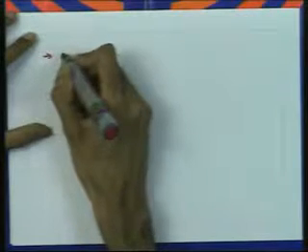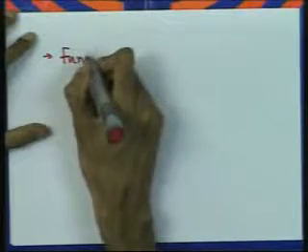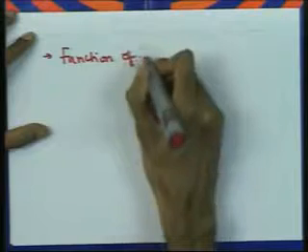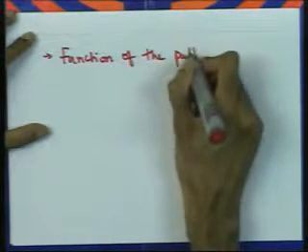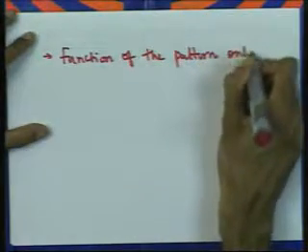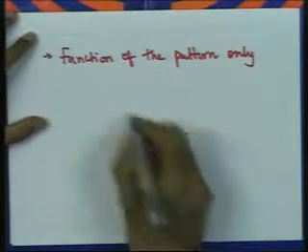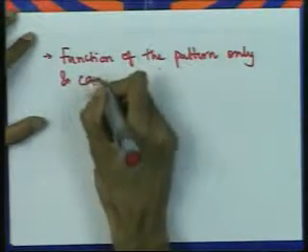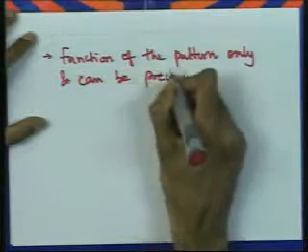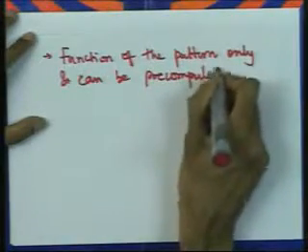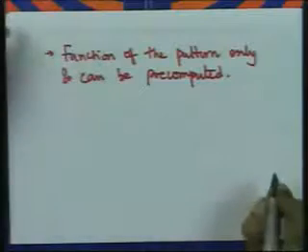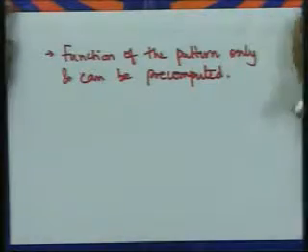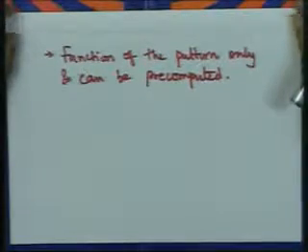So then the crucial thing, the thing that we want to find out is this. The first thing is that this quantity is a function of the pattern, and can be pre-computed. So I can pre-compute this value as to for each mismatch how much to shift it by.